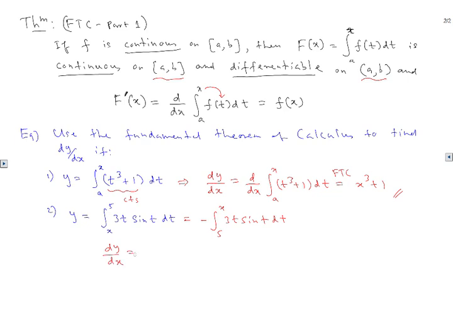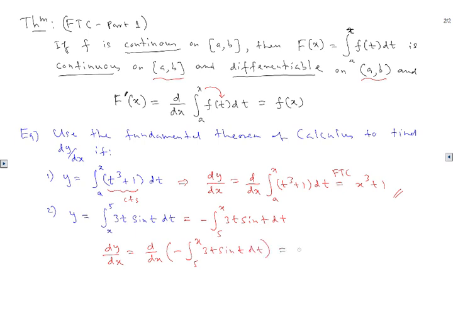It's a function of x. Good, because after you plug in those x and pi, it becomes a function of x. Now again, it's d by dx of negative integral from pi to x of 3t sin t dt.